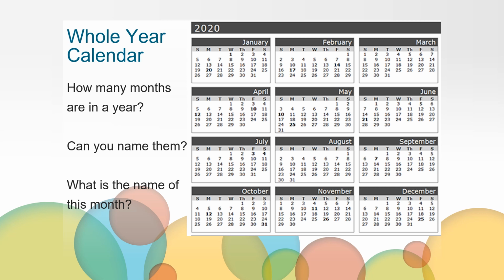Say the names of the months of the year with me, starting in January. We've got January, February, March, April, May, June, July, August, September, October, November, and December.